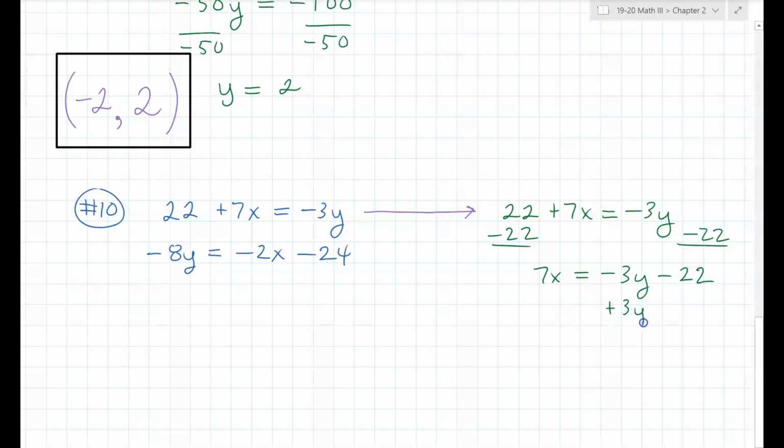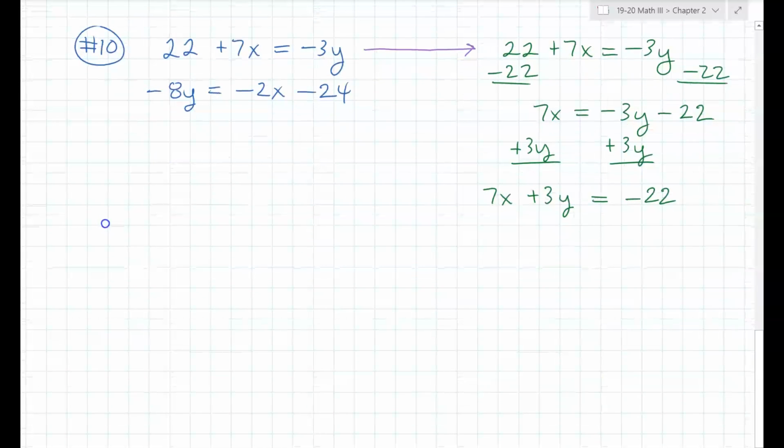So I'm going to add 3y here and add 3y here. So I get 7x plus 3y equals negative 22. So one of these things is now fixed. I have it fixed so that it has my x, my y, and my number. Okay, so let me write that down over here. 7x plus 3y equals negative 22.